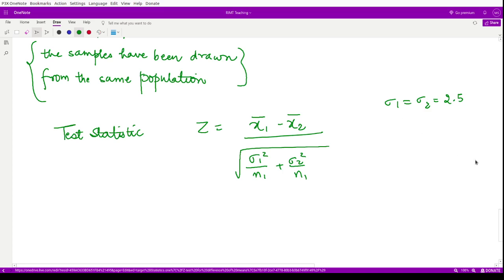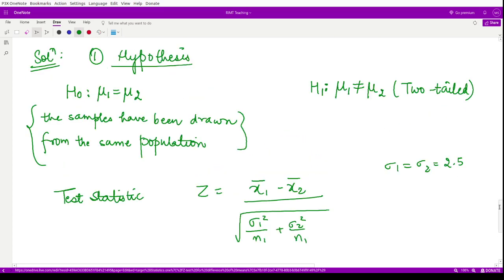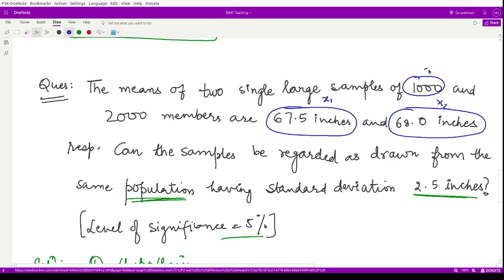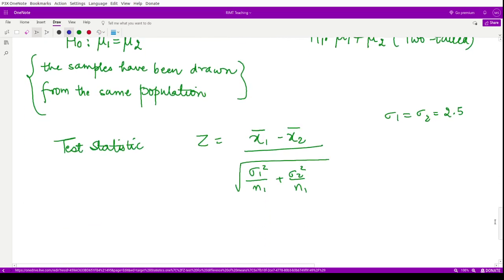And x1 and x2 are given in the question, and 1000 is the size of sample 1, and 2000 is the size of the second sample, right? So you have all the parameters now.